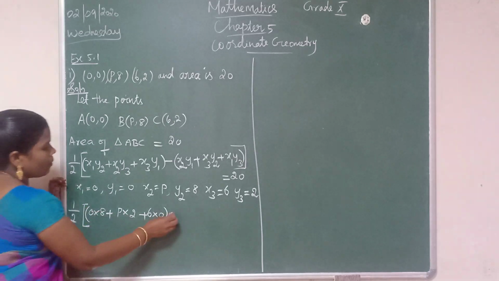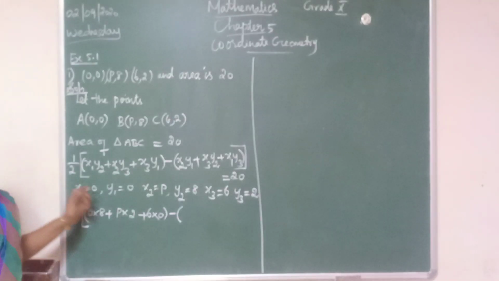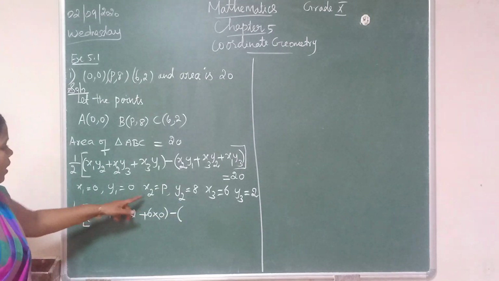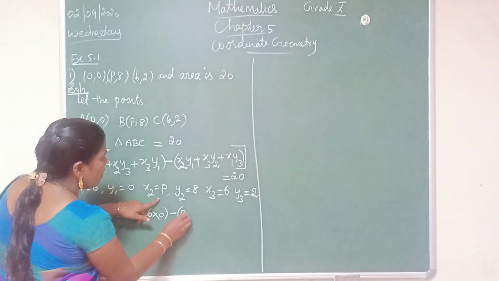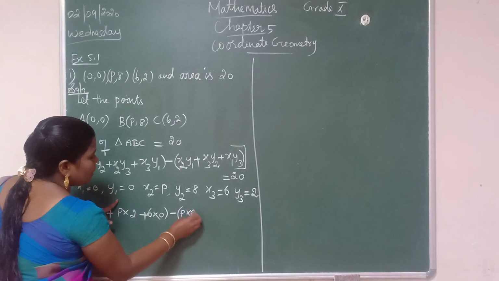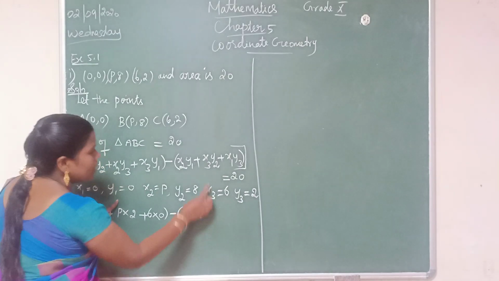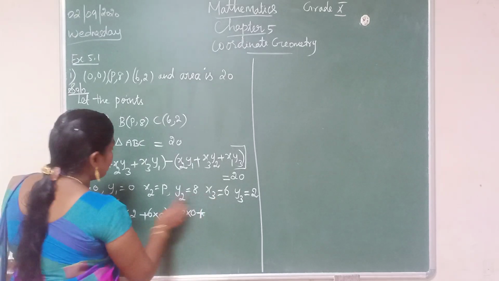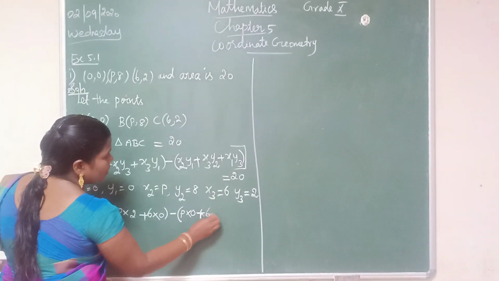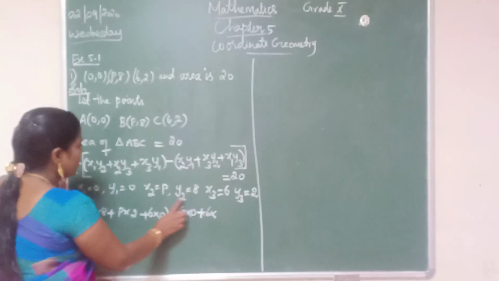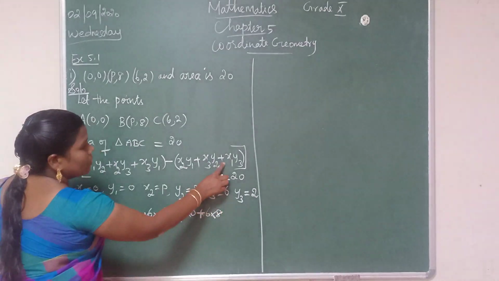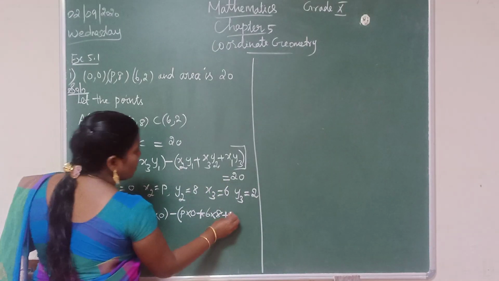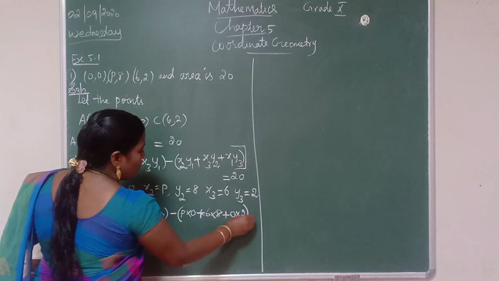Close the bracket, minus, then x2 y1: x2 is P into y1 which is 0, plus x3 y2: x3 is 6 into y2 which is 8, plus x1 y3: x1 is 0 into y3 which is 2. Then close the bracket.